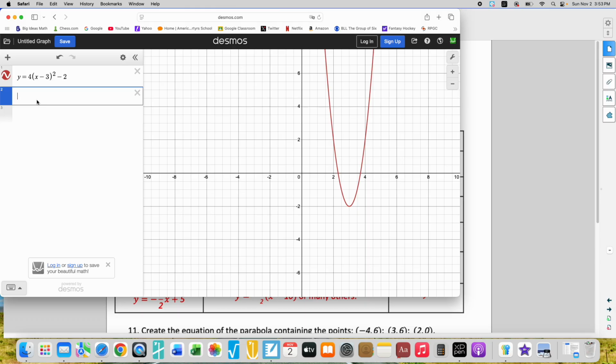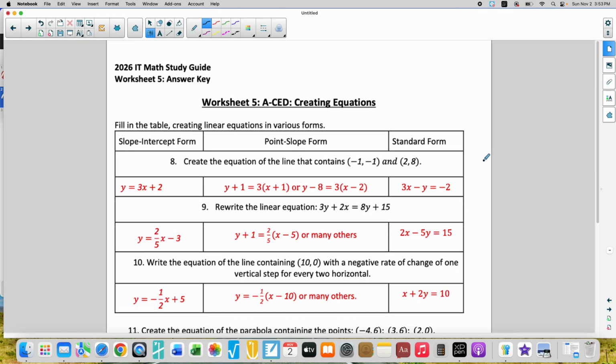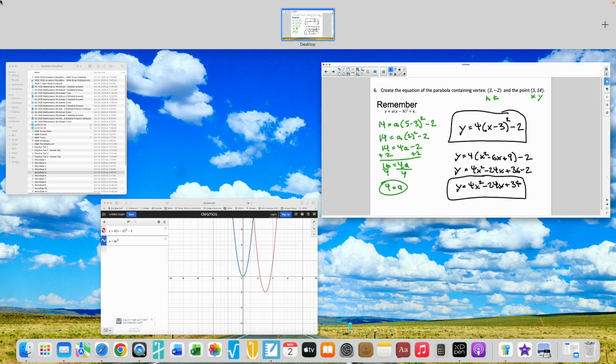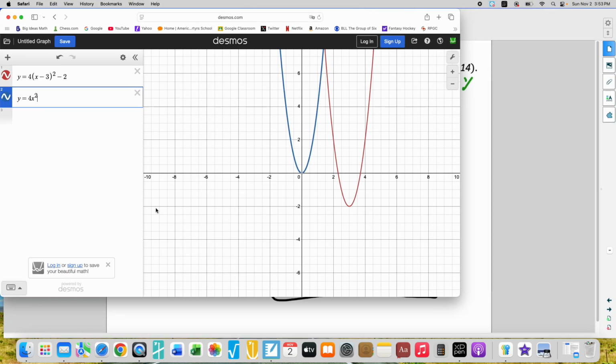And then I thought it was y equals 4x squared minus 24x plus 34.